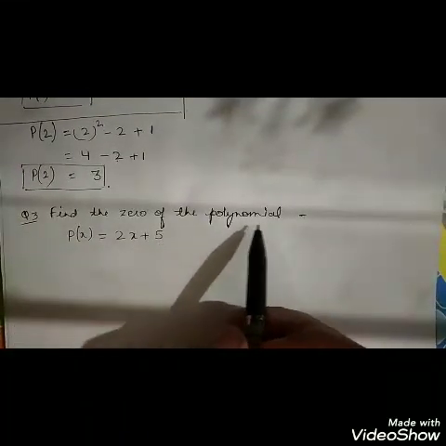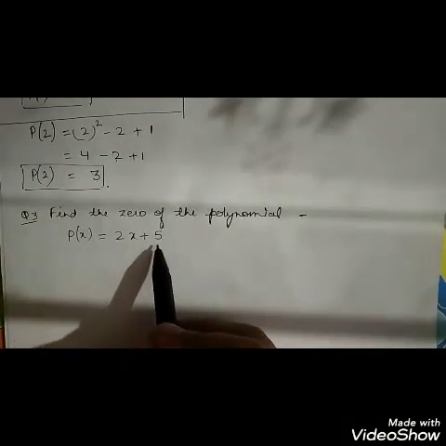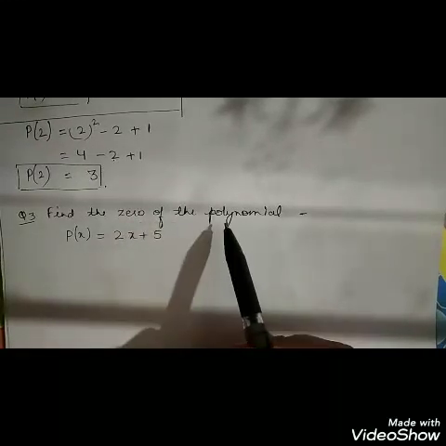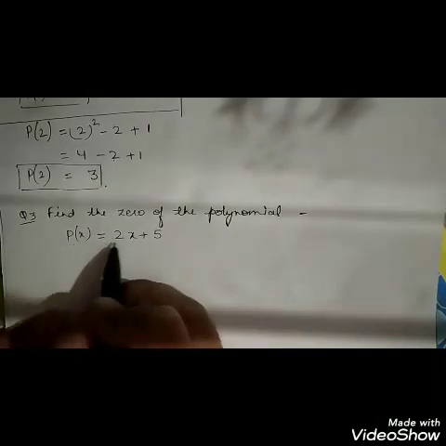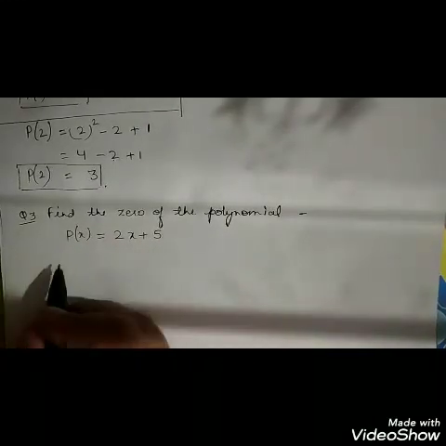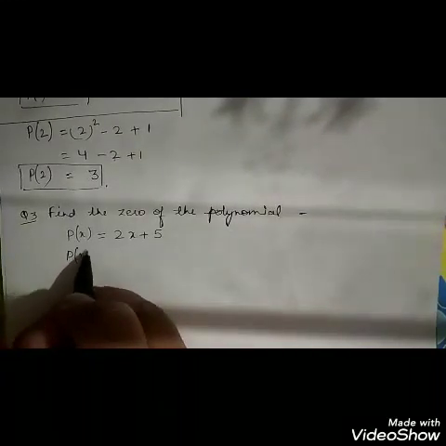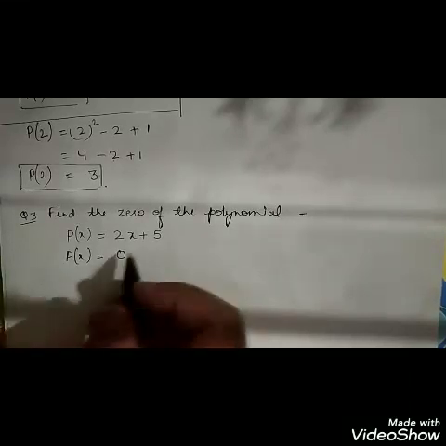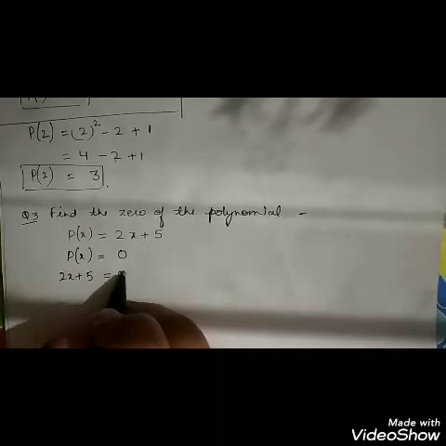Now let us take another question. Find the 0 of the polynomial p(x) = 2x + 5. Now for finding the 0 of the polynomial, what we do is we equate the polynomial to 0. So p(x) = 0, that is 2x + 5 = 0.